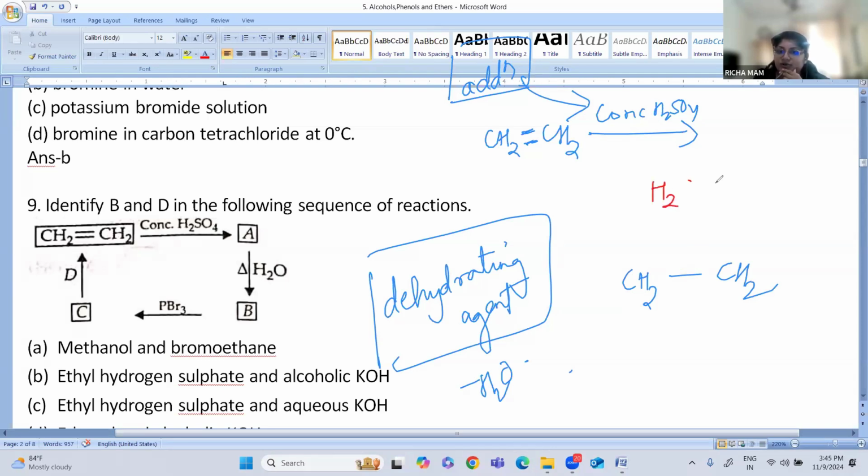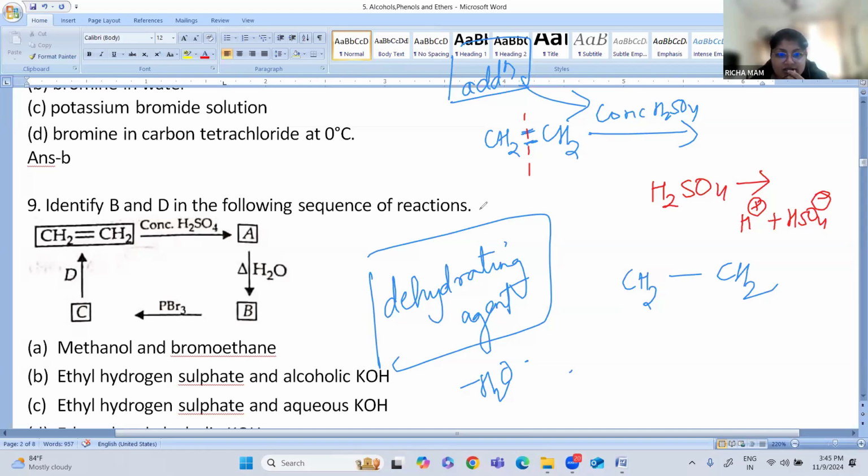Concentrated H2SO4 will split into H plus and HSO4 minus. Ethene is a symmetrical molecule, right? Across the double bond, the number of carbon atoms is the same.